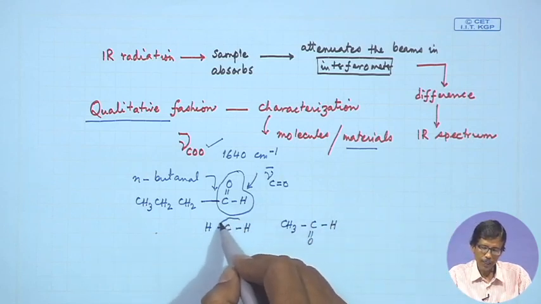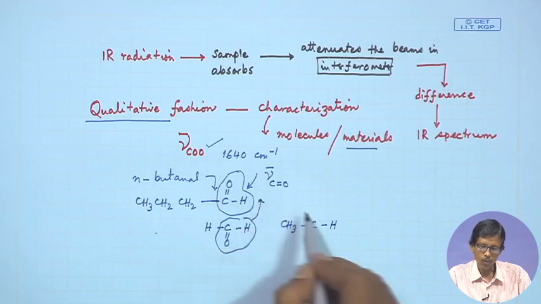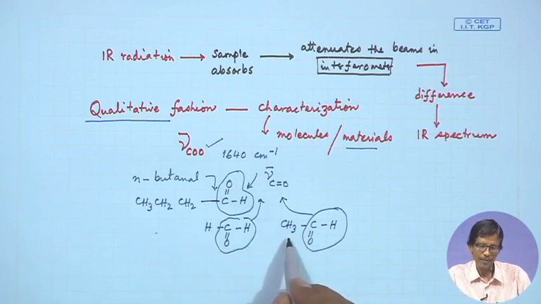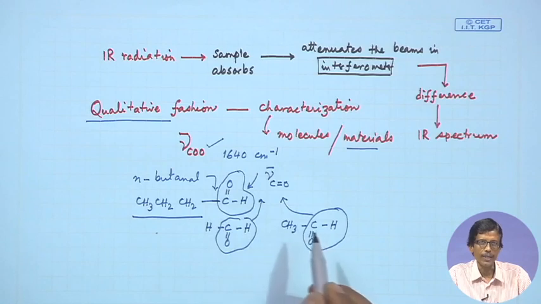So, where this particular CHO function will go, if it is attached to different types of groups like H, like CH3 or some long chain aliphatic group.